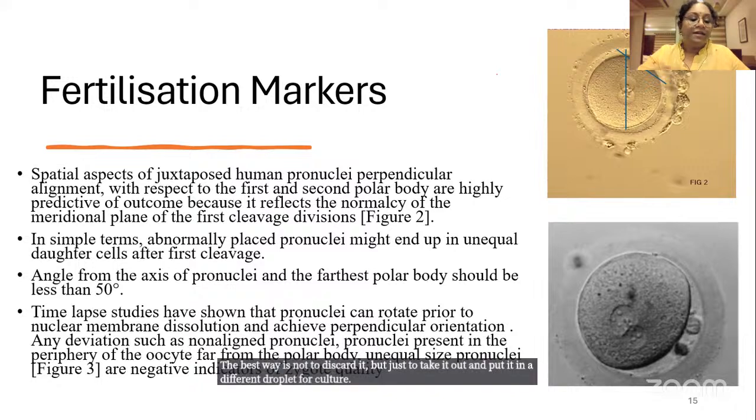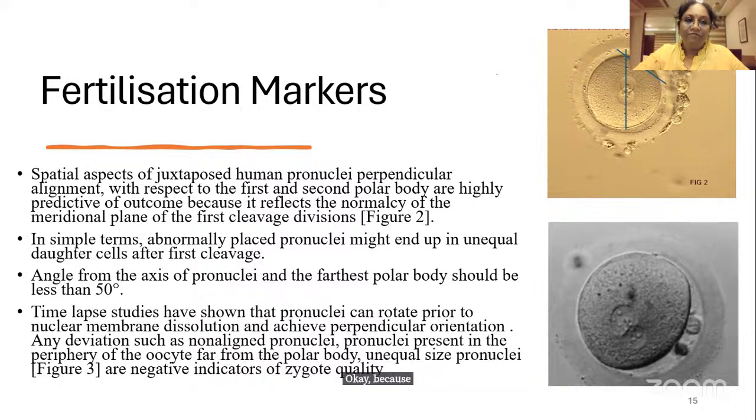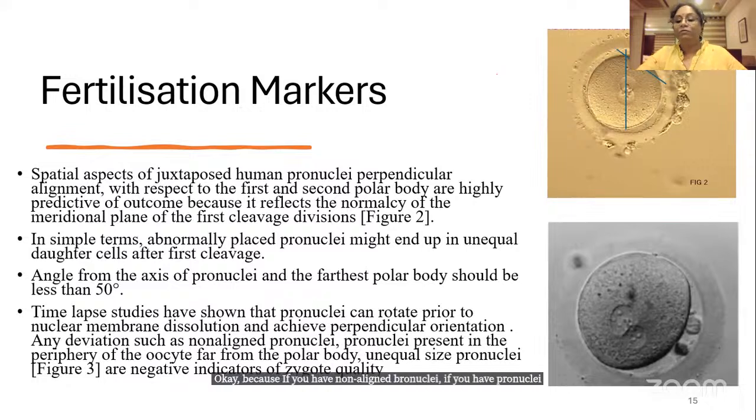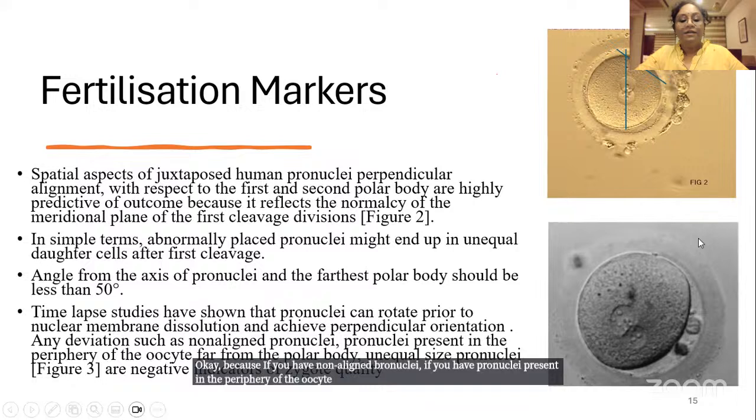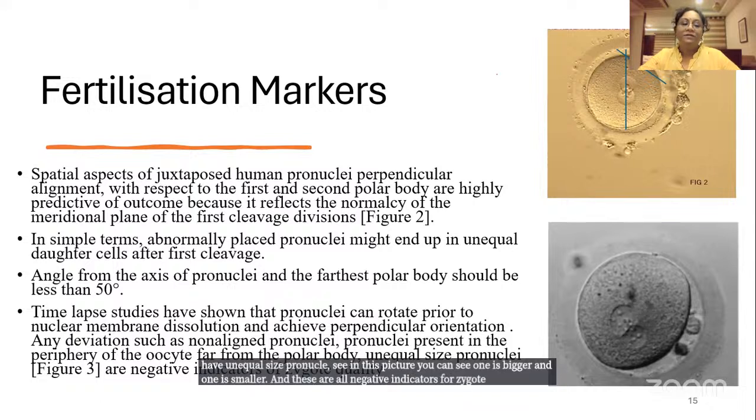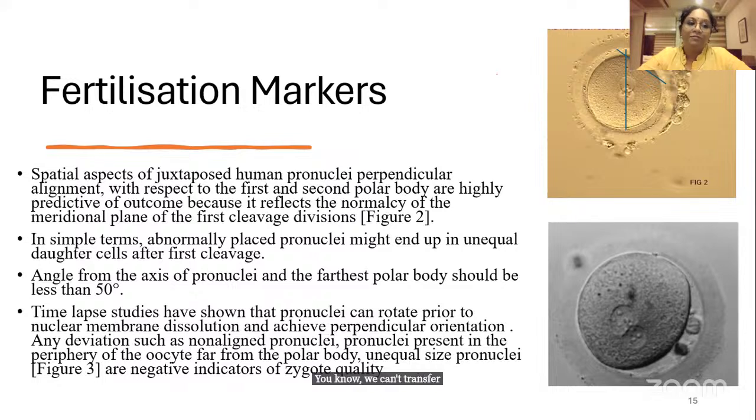Because if you have non-aligned pronuclei, pronuclei present in the periphery of the oocyte far away from the polar body, or unequal size pronuclei, as you can see in this picture where one is bigger and one is smaller, these are all negative indicators for zygote quality. It doesn't mean that we can't transfer this, because live births have been reported, normal births have been reported. So the best thing is to culture them in separate droplets.